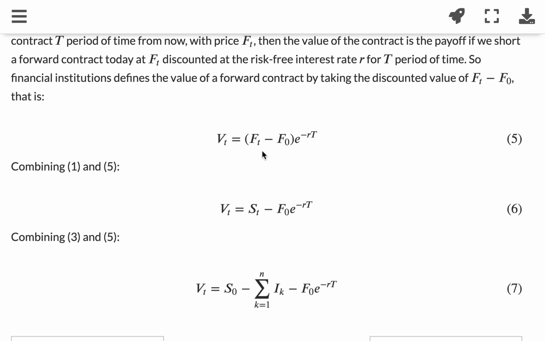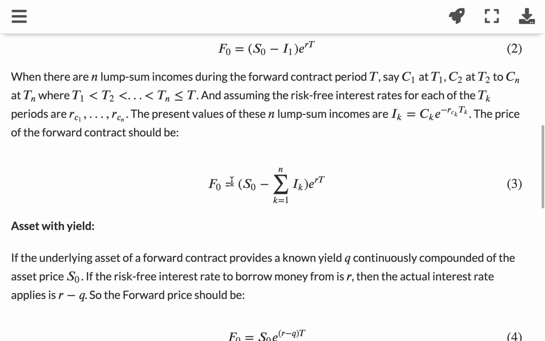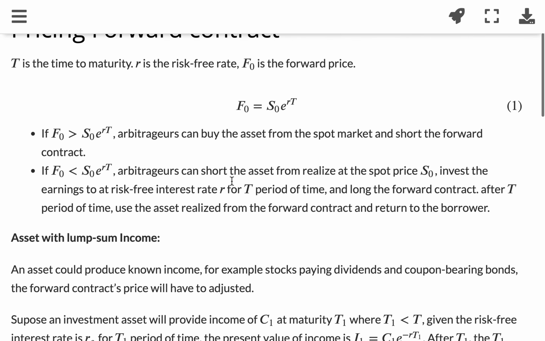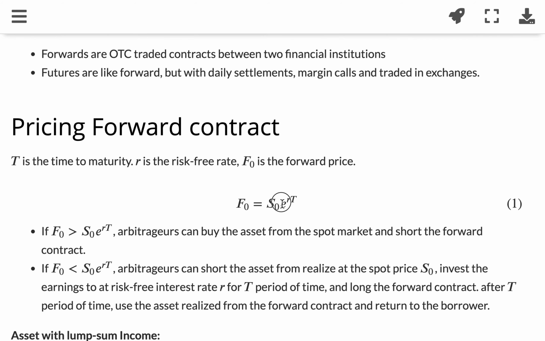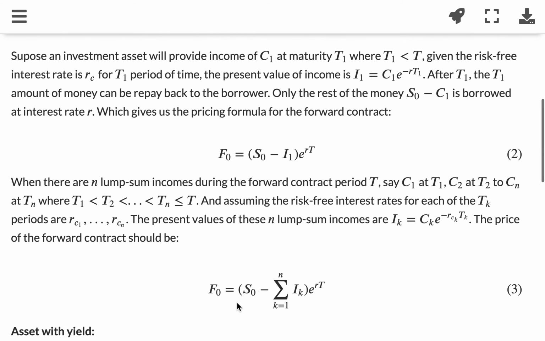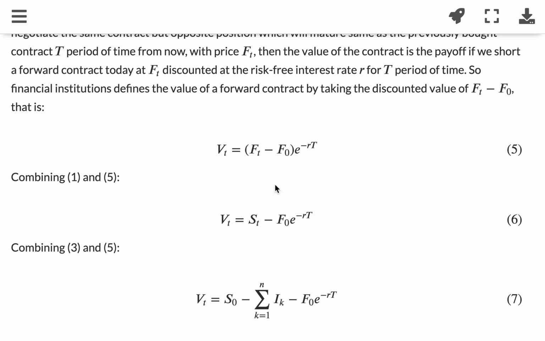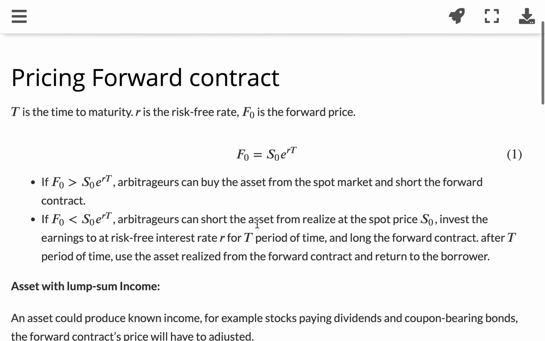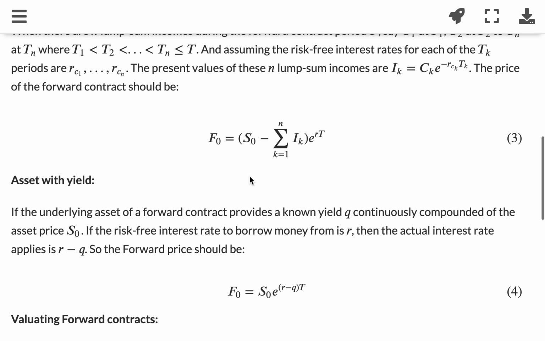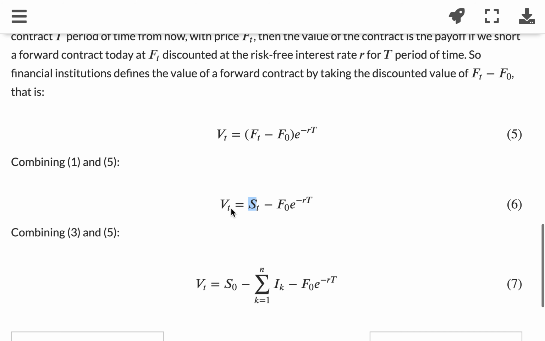This formula can be applied to what we just saw previously for the pricing of forward contracts and investment contracts, where Ft times e to the minus rt is just St. You see in formula 1, that will become this one in that case.